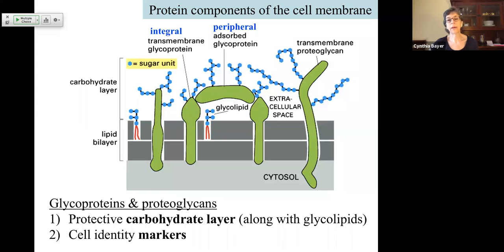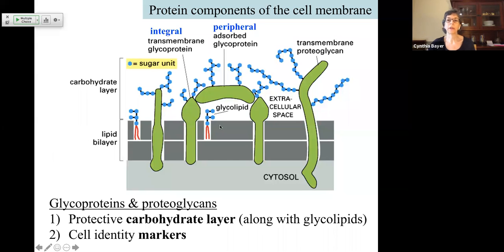So that allows cells to recognize each other, to be able to bind to each other, to adhere to each other, to be able to form a complex of proteins to form a particular tissue, for cells to recognize that they need to associate or assemble with each other.